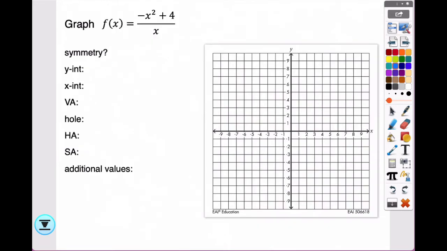We'll do a quick run through on how you could graph one of these. For the y-intercept, we plug a 0 in for x. If you plug in a 0 for x, don't you get 4 over 0? That just means there isn't a y-intercept. And how can we make the top equal 0? Negative x squared plus 4 equals 0.